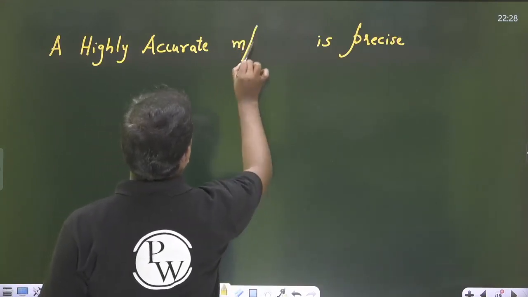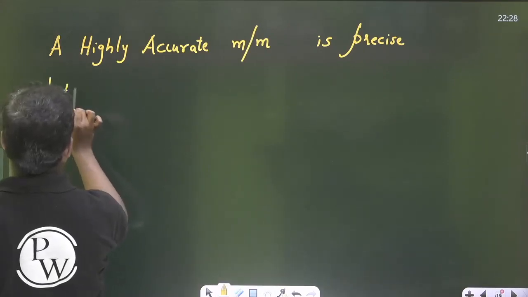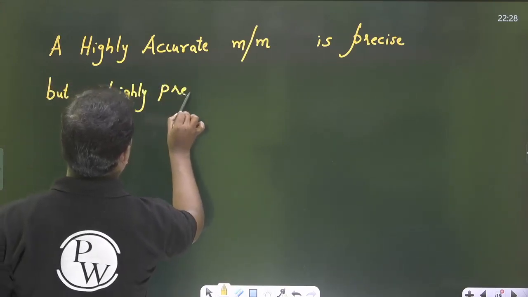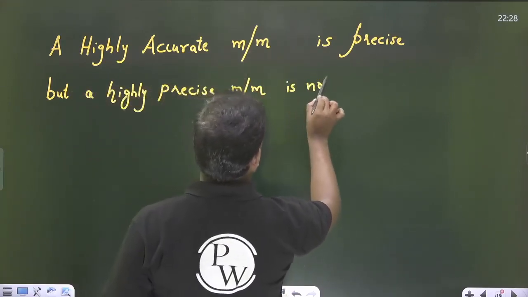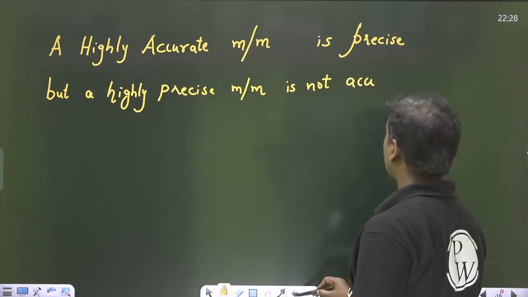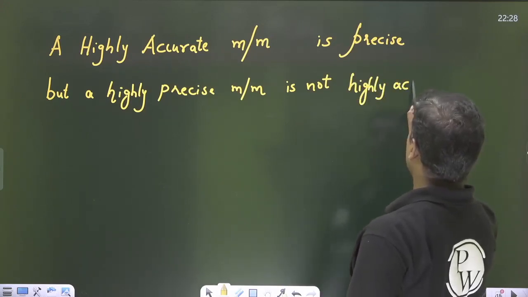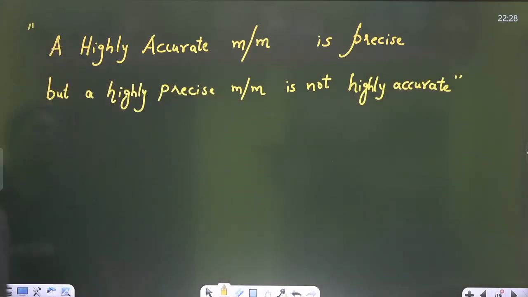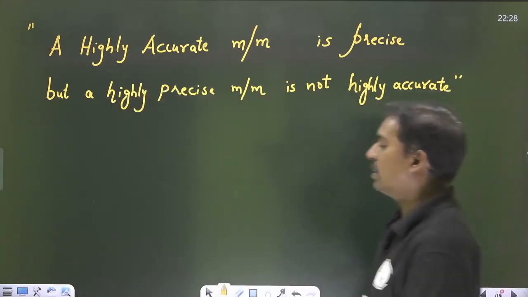A highly accurate measurement is also highly precise, but a highly precise measurement is not highly accurate. Understand? A highly accurate measurement is precise, but a highly precise measurement is not highly accurate.